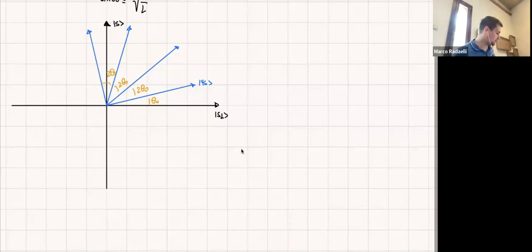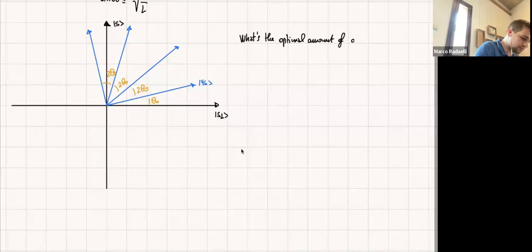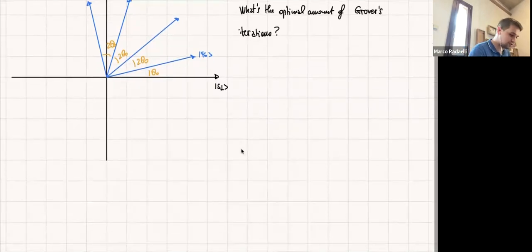So we need to find a way of computing what's the optimal amount of Grover's iterations. The target is not to rotate too much, because if we rotate too much, we will start having a probability which decreases. This is probably worth showing.